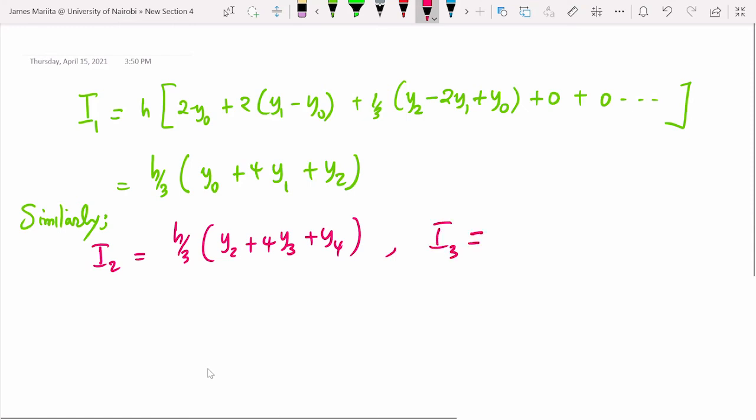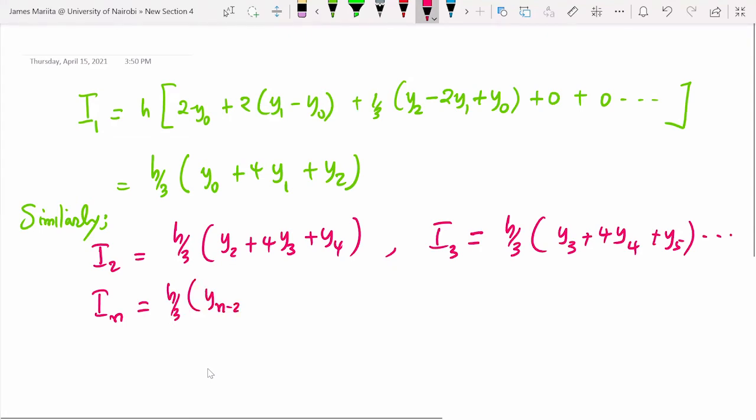Then I3 will be equal to h over 3 times (y3 plus 4y4 plus y5), and so on, up to In, which will be h over 3 times (y(n minus 2) plus 4y(n minus 1) plus yn).